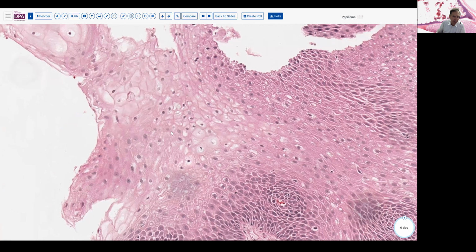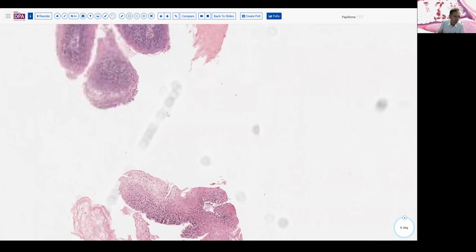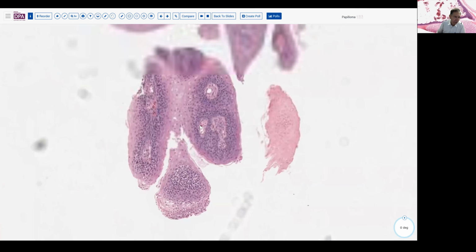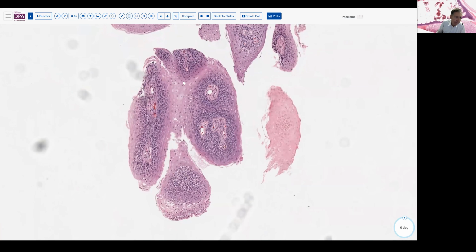The nuclei are fairly uniform, and we don't have really prominent koilocytosis or perinuclear vacuolization that we associate with viral cytopathic changes. We can look at each of these papillae and see a fairly similar picture.